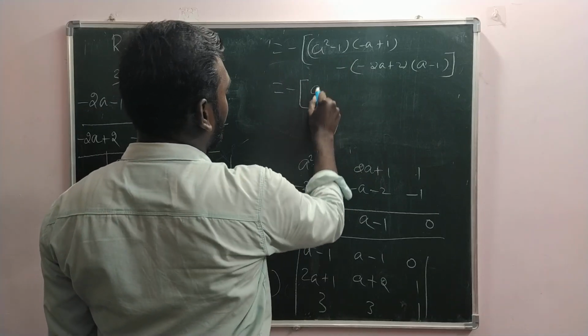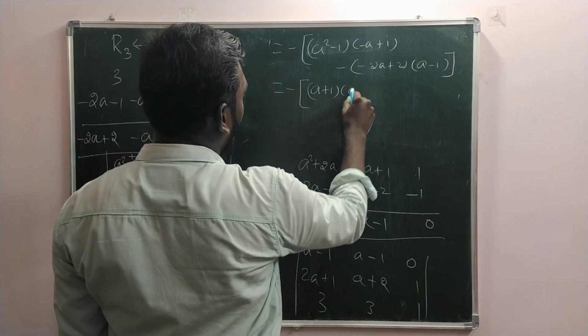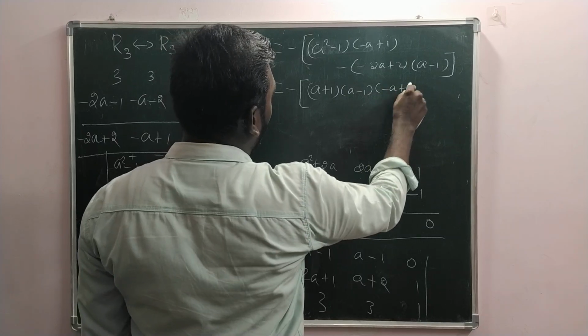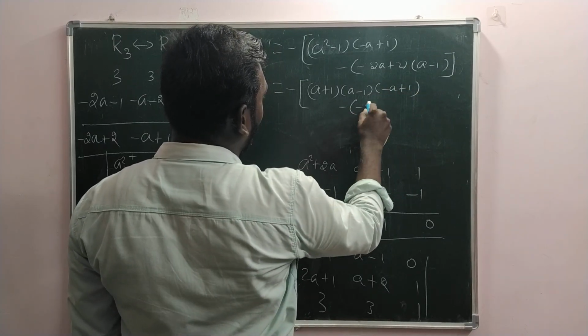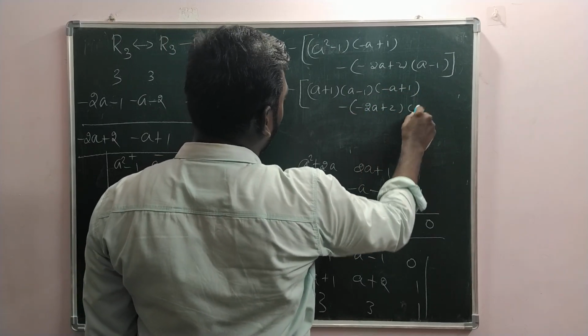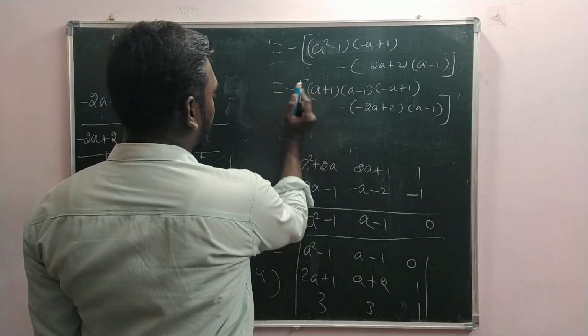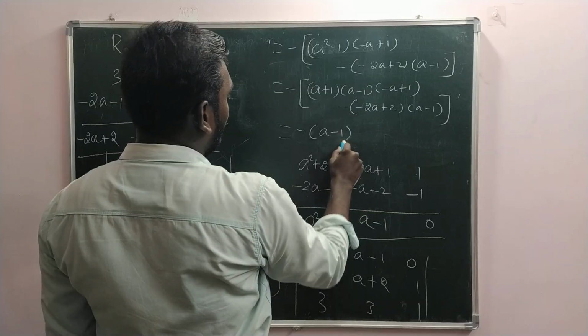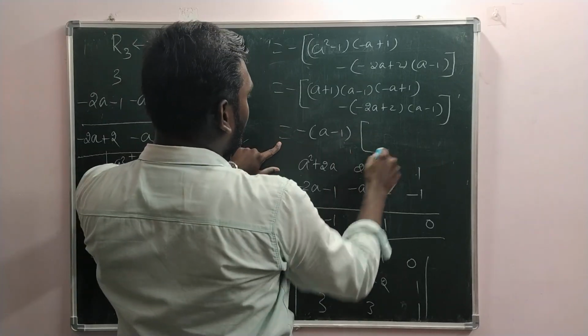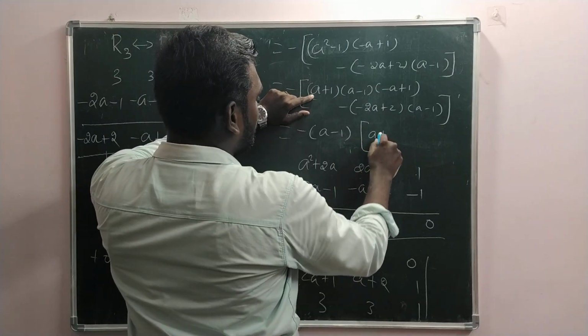See, this a square minus 1 can be written as a plus 1 into a minus 1, and minus a plus 1, minus of minus 2a plus 2, and this is a minus 1. We can take a minus 1 as common from these terms, with the minus outside. Then remaining is what?